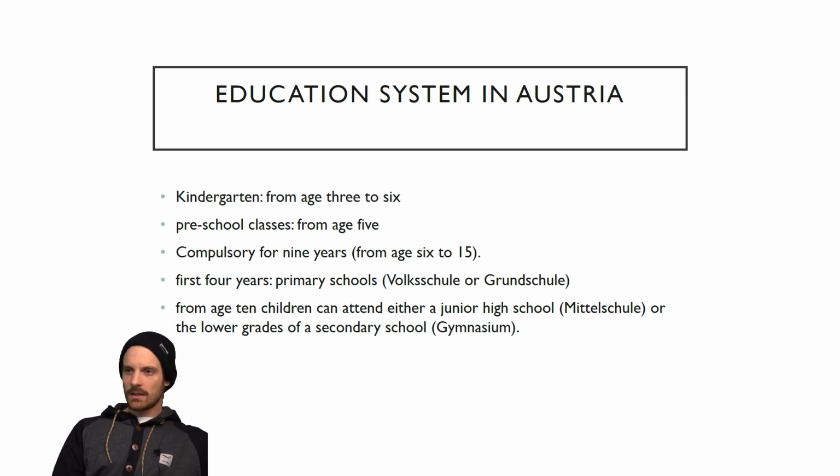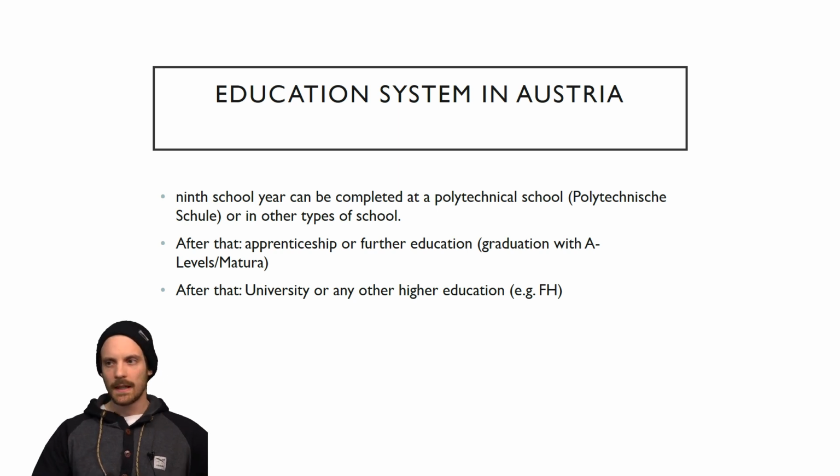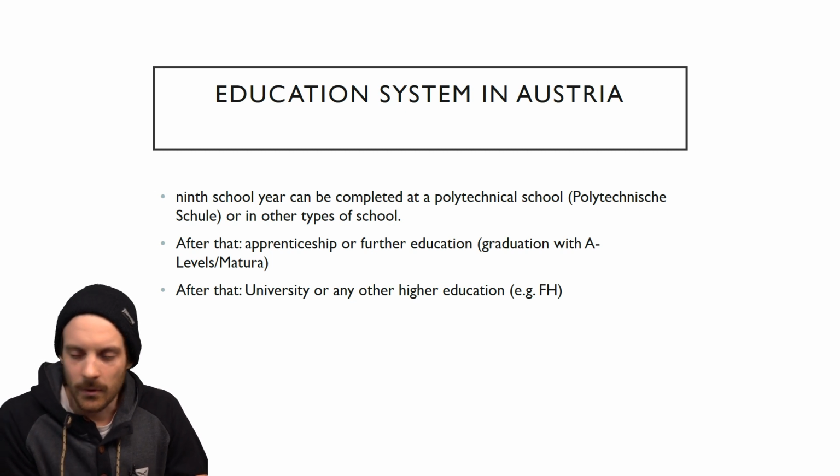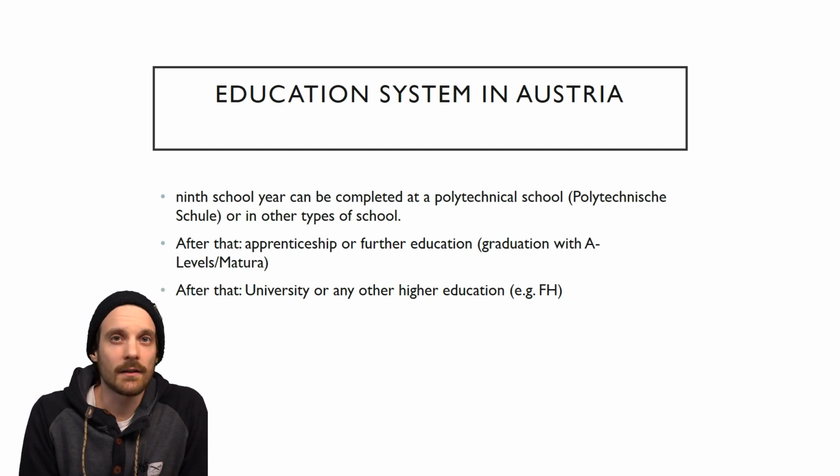Having completed those 4 years, the students need to decide to either do the 9th year of school in a so-called polytechnical school, Polytechnische Schule, or in other types of school.